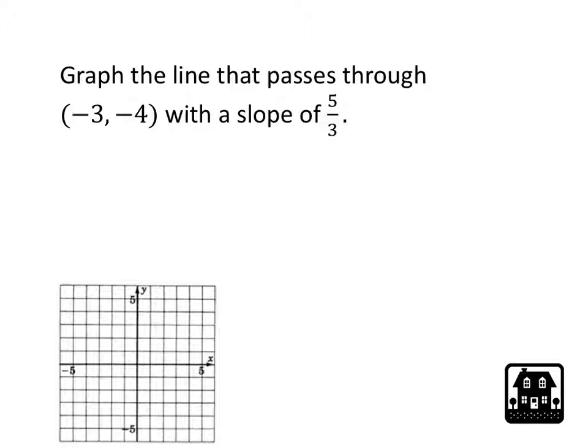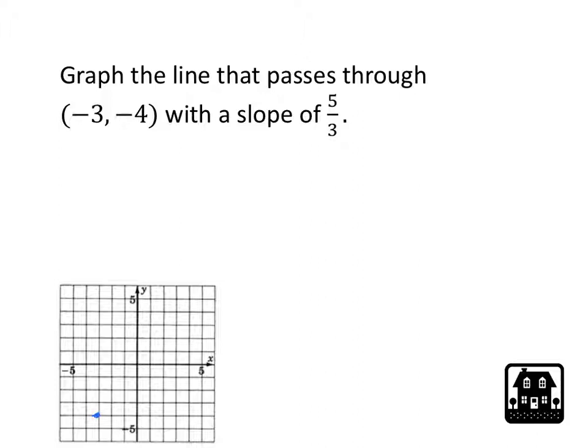Okay, let's graph a line that goes through the point -3, -4, and has a slope of 5/3. So we find the point -3, -4. X is -1, 2, 3. Y is -1, 2, 3, 4. So we plot a point there. And then we use our slope and we count up a rise of 5 from this point: 1, 2, 3, 4, 5 up, and 1, 2, 3 over.